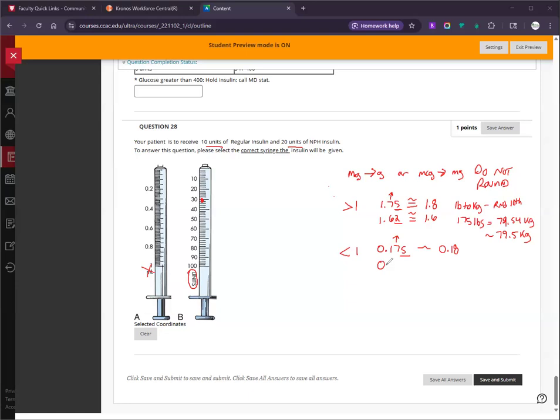If I had 0.123, again, I'm looking at the thousandths place to tell me what to do with the hundredths place. And if that number is 4 or fewer, then I just leave it as 0.12. I don't round it up, and I keep the 2 significant digits.